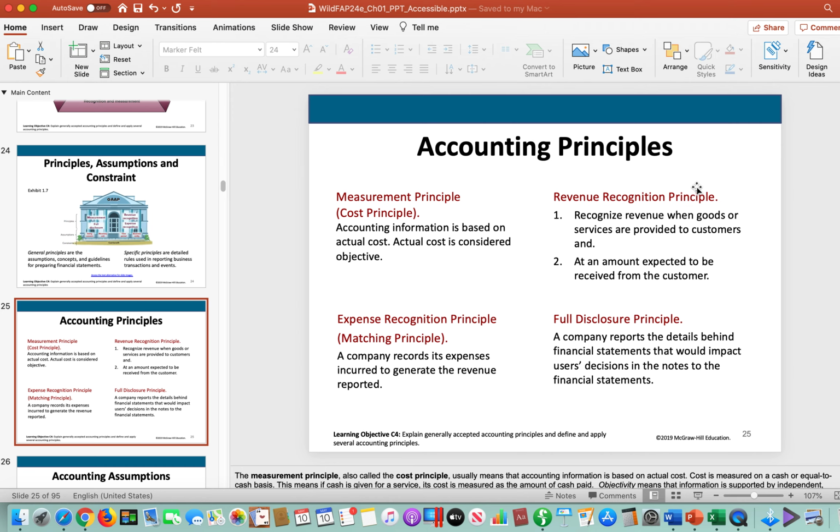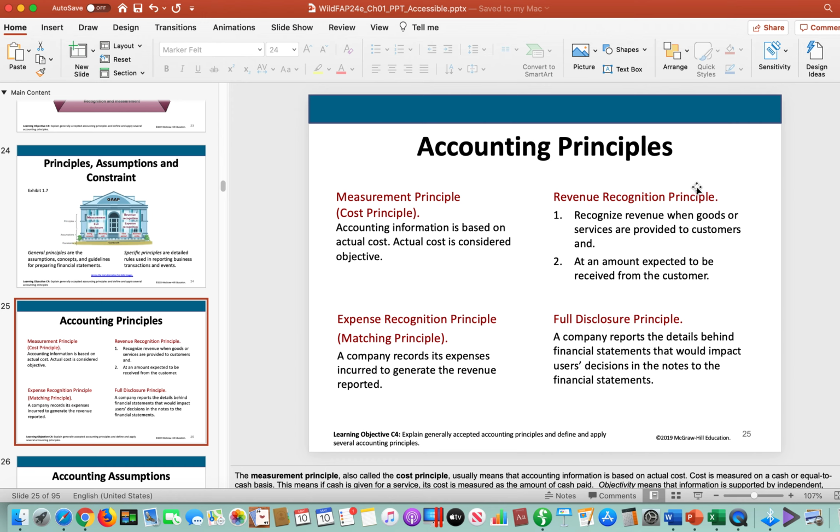When a company delivers the goods or delivers the services, then you record that as revenue, not before. I'm not going to count something as a sale when I have not delivered the goods to you or I have not performed the service. Then and only then can you record a sale or revenue. And here's the other point.